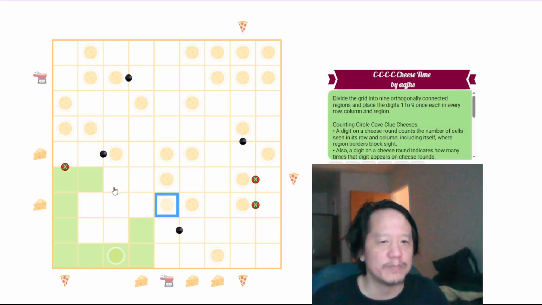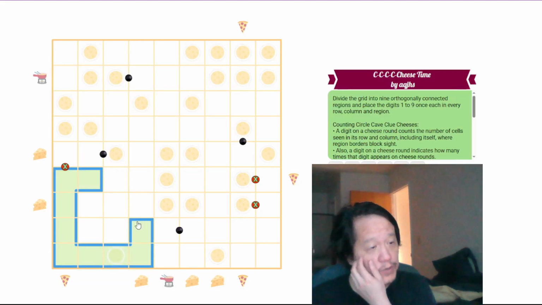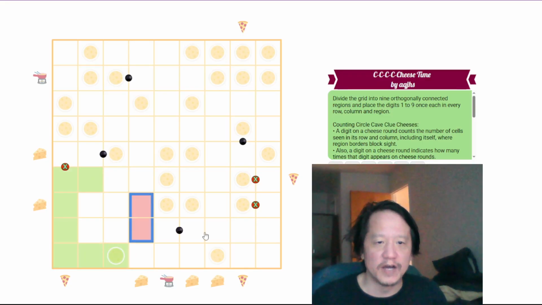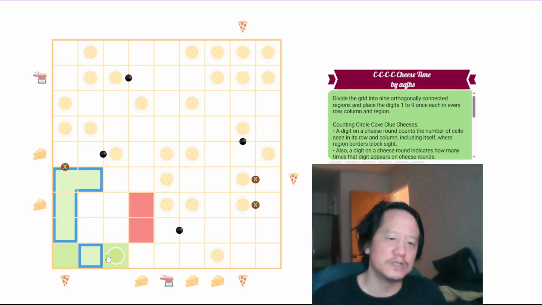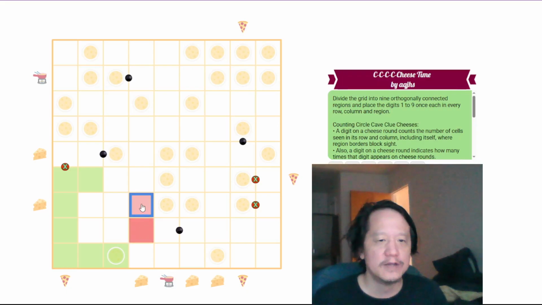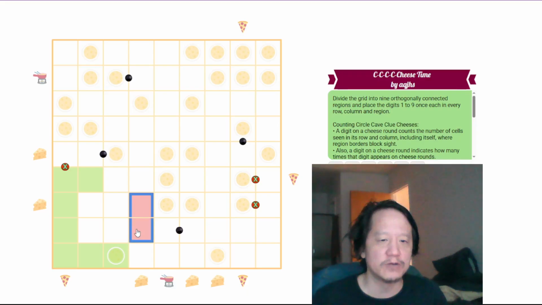So this is an example of a valid region because you can go from this cell to any other cell in the region just by going through edges, all while staying within the region. This is an example of an invalid region because these cells here, while they can get to each other by going through edges while staying within the region, can't get to any other cells in the region just by going through edges.